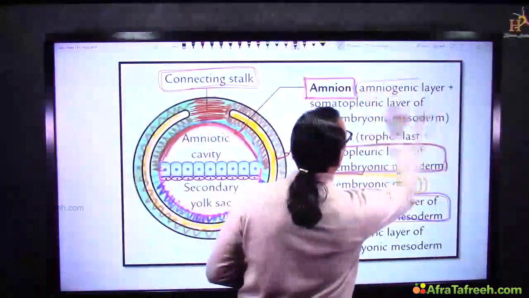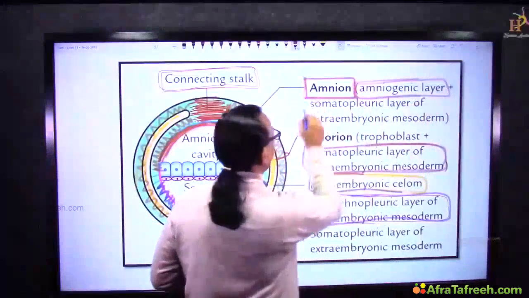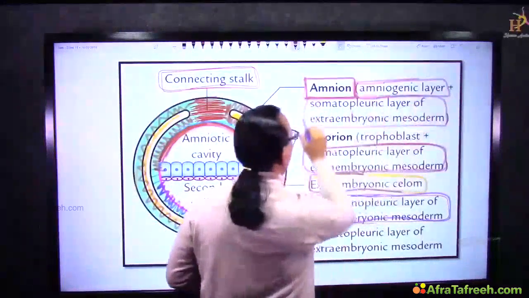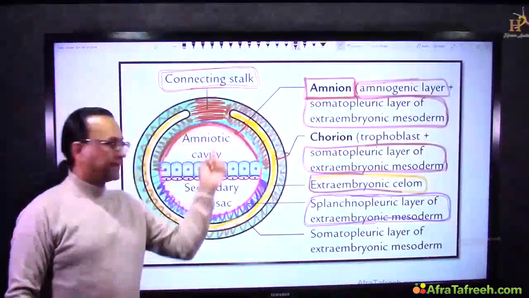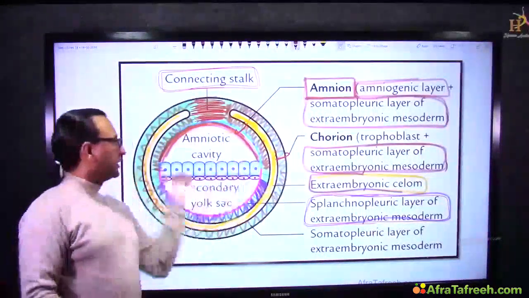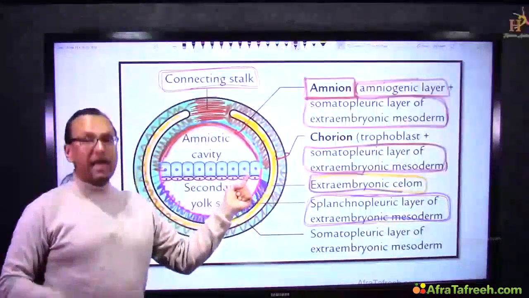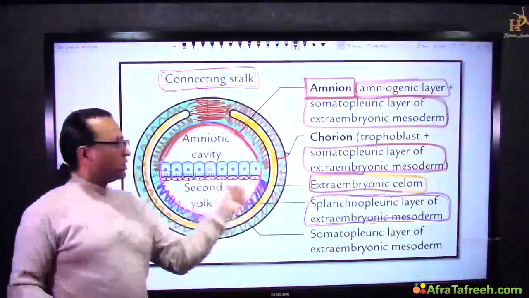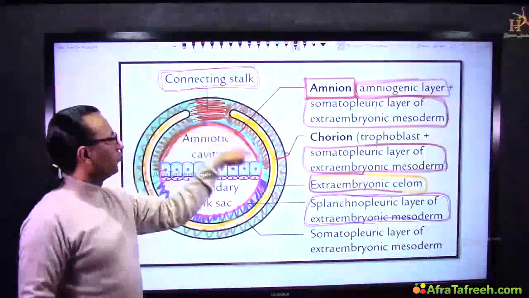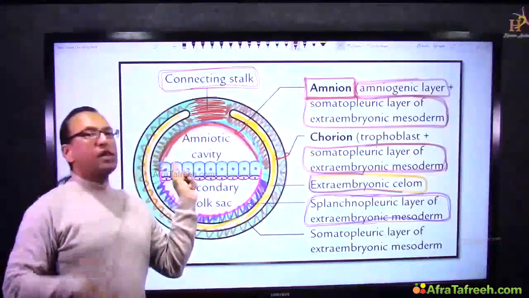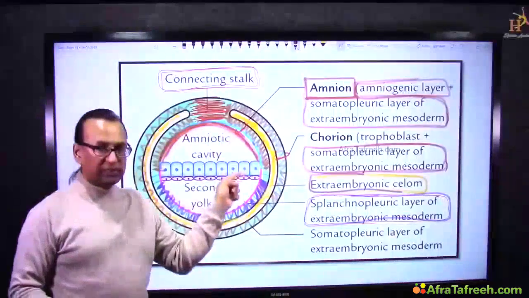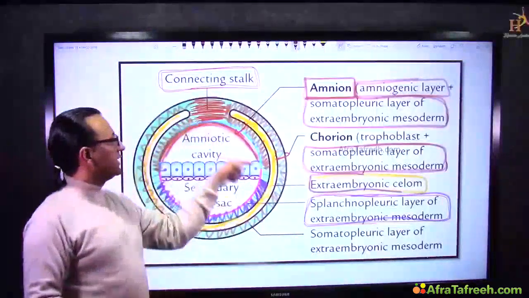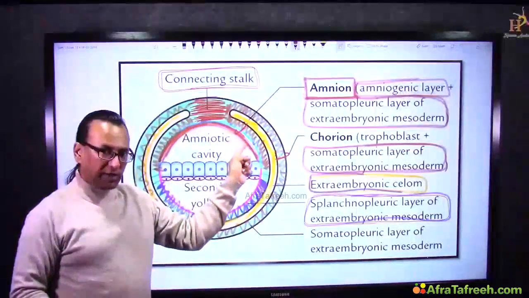And along with amniogenic cells, it is the somatopleuric extra embryonic mesoderm. Now, if you say this is the amniotic cavity, which has a floor of ectoderm, and has a roof and lateral wall made by amnion, is contributed by amniogenic cells. Yes, plus the somatopleuric extra embryonic mesoderm.